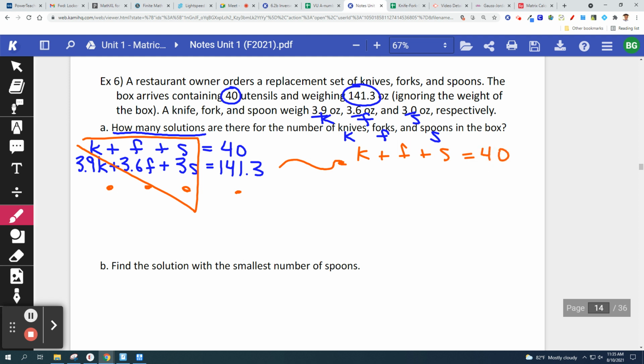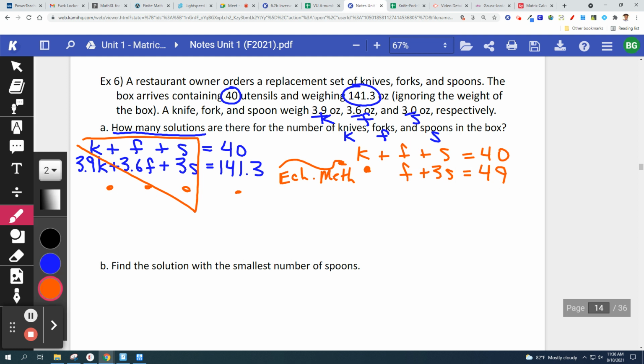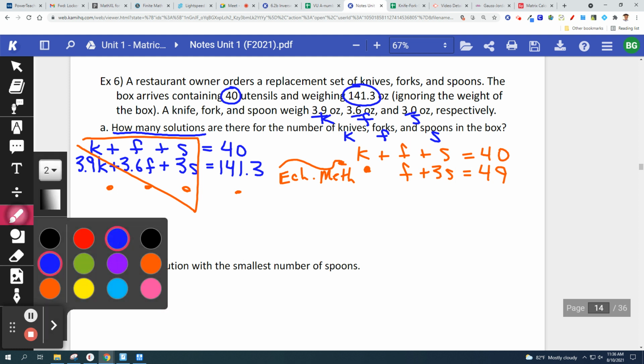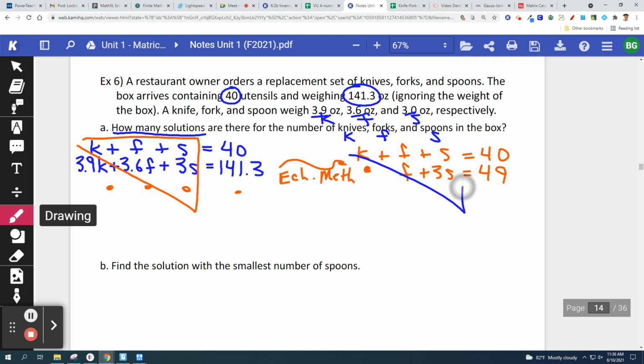And then once we do the echelon method, we get F plus 3S equals 49. Again, I'm skipping over the work, but you can see that it's going to be many solutions.